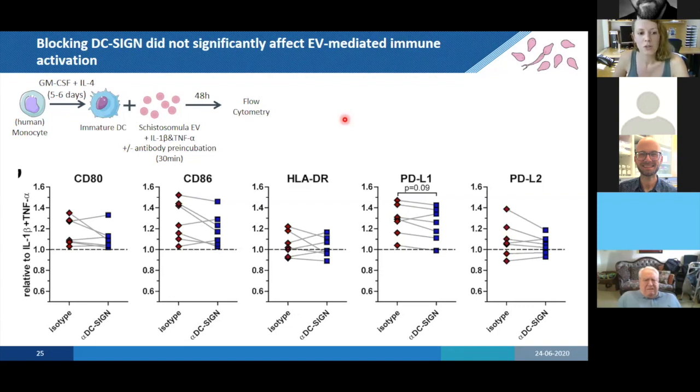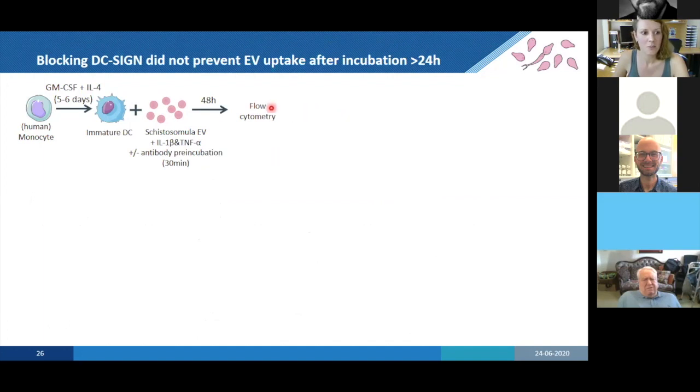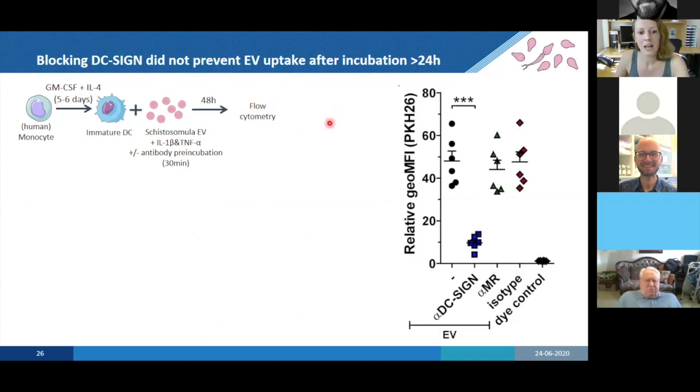So we also looked at the staining, so the internalization of the EVs after 48 hours. And we did still see a significant, strong reduction in uptake of the EVs when we blocked DC-SIGN.